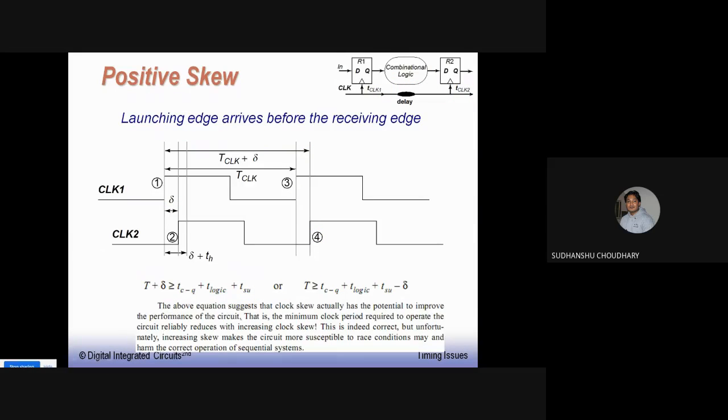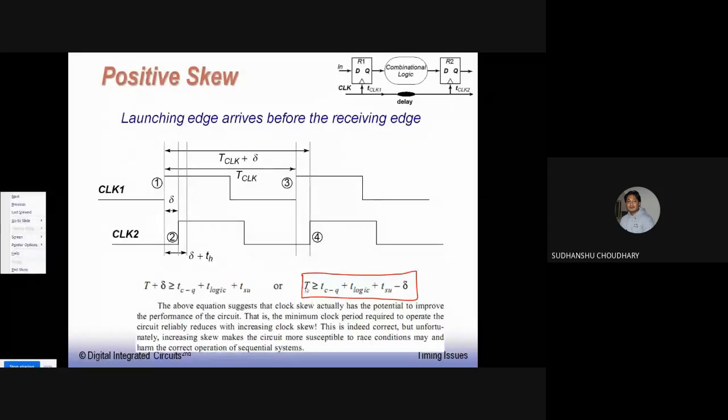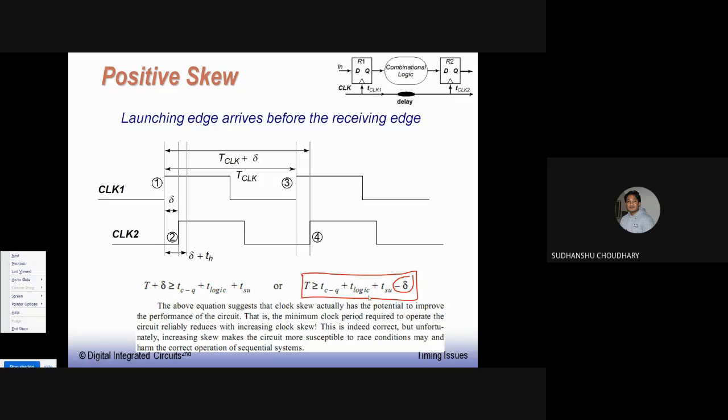If we bring this delta to the right-hand side, the minimum clock period changes. It is now this much minus delta. Earlier, with no clock skew, it was only T clock-to-Q plus T logic plus T setup.